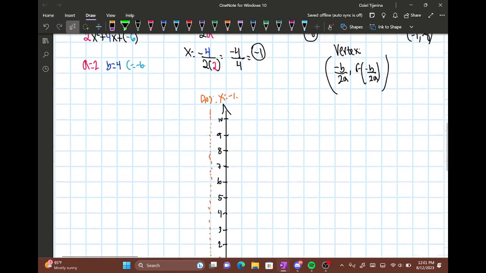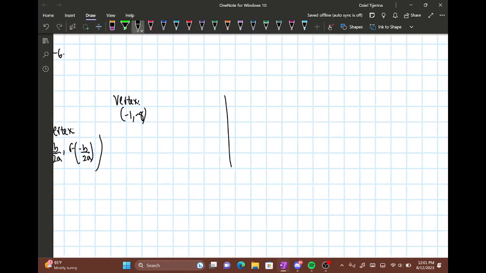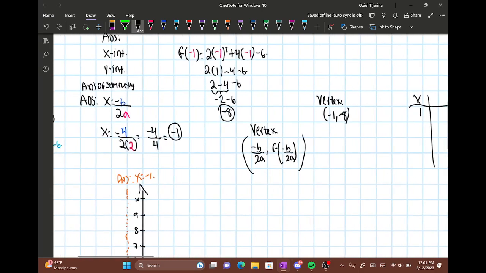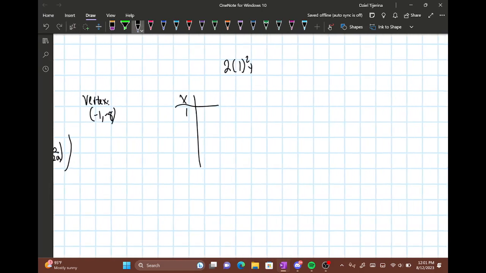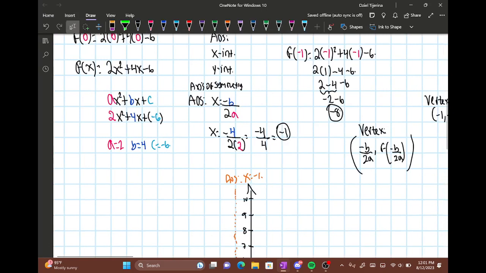So when x equals 1, let's make a table here. We have 2 times 1 squared plus 4 times 1 minus 6. And again, this is my function that I'm using to evaluate it.